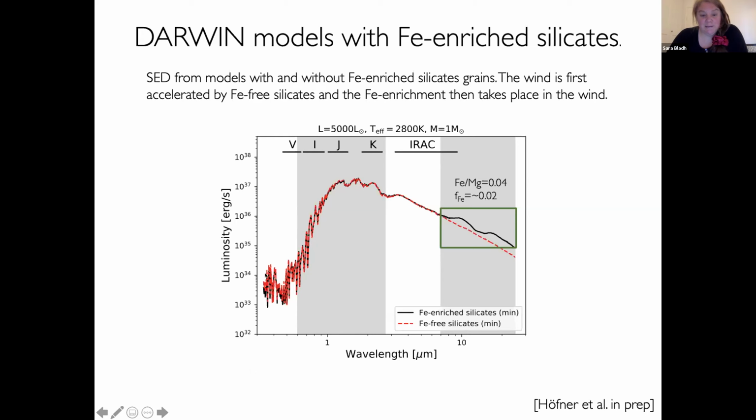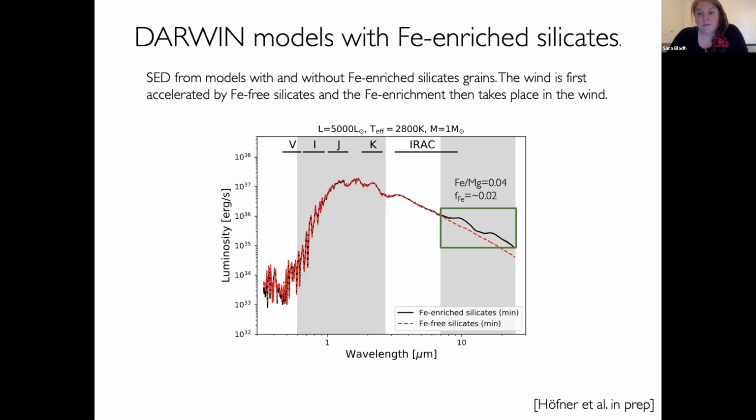What you see plotted here in red is an SED of a model with purely MgSiO4 grains, iron-free silicates. We reproduce the near-infrared and visual photometry very well, I will show you later. But obviously, the silicate features are missing.